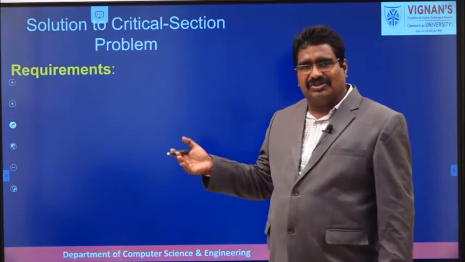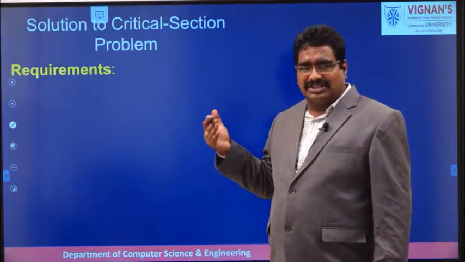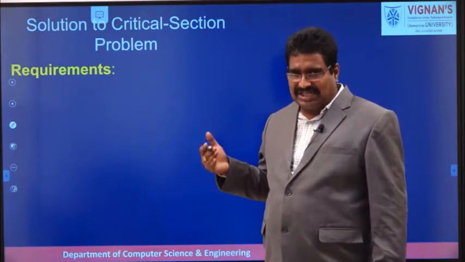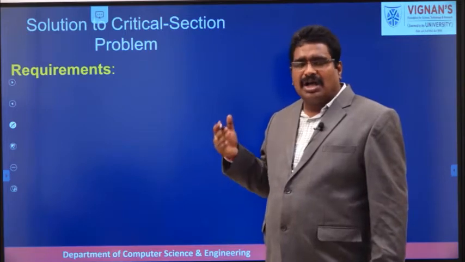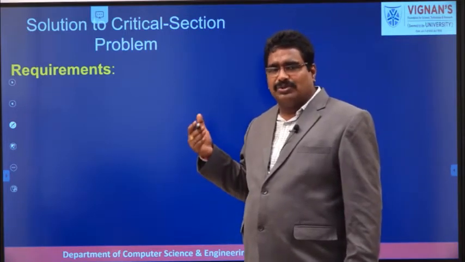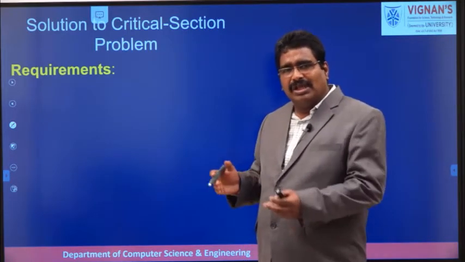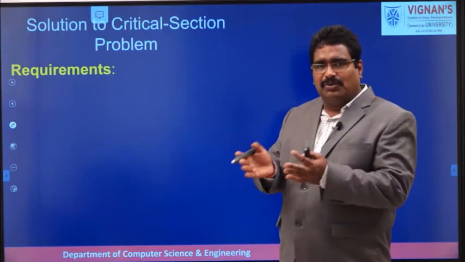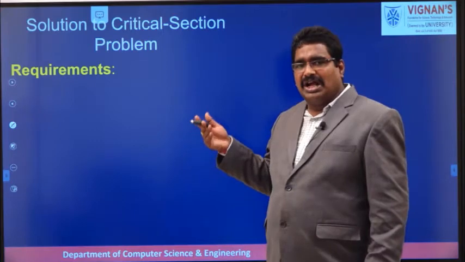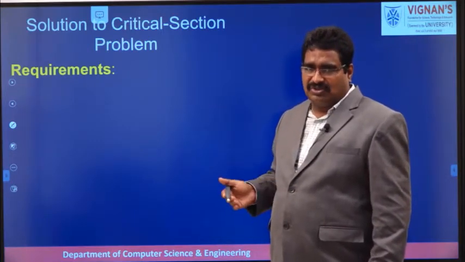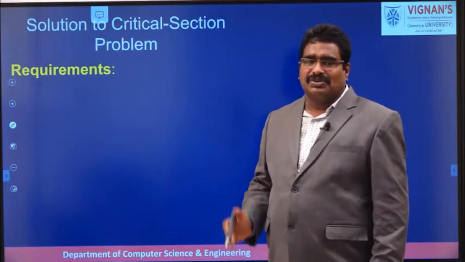Similarly, for the hardware solutions, in our syllabus we discuss how to use the test and set and swap functions. These are instruction-level commands, and we see how to use them to achieve process synchronization. So in our syllabus, we discuss two hardware solutions and three software approaches. But there are n number of solutions available.